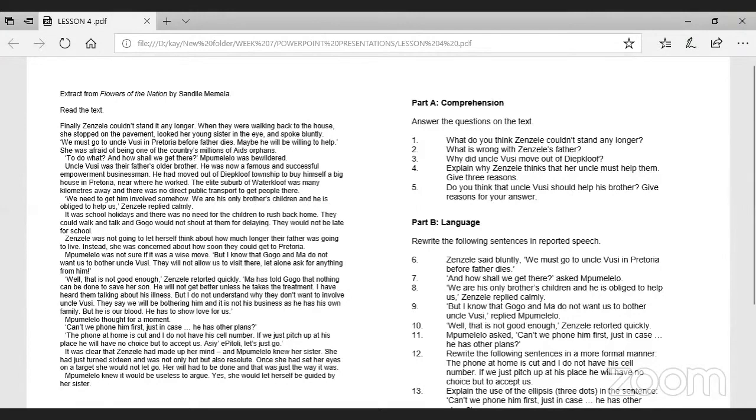Is there anyone who's finished? If not, which number are you guys still busy with? No, you guys can't carry on to language.